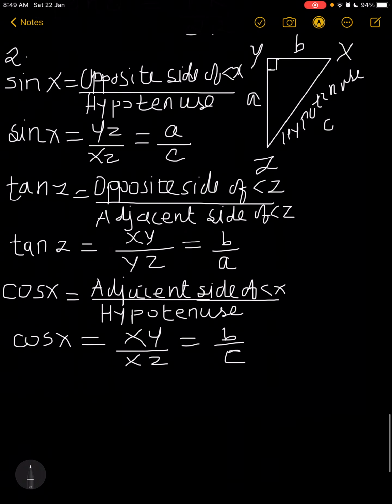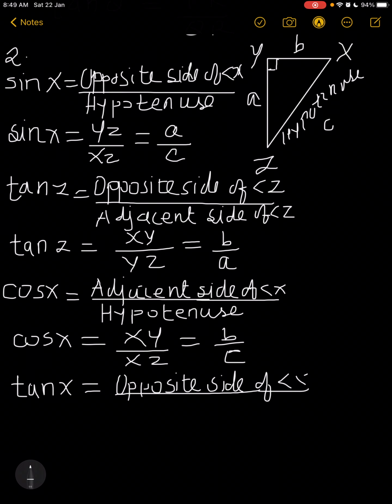And the last ratio of this question number 2 is tan x. So let us write about tan x. In tan x, we divide the opposite side of angle x and the adjacent side of angle x. We divide these two sides, and the ratio becomes tan.